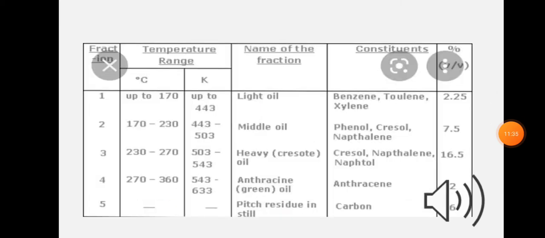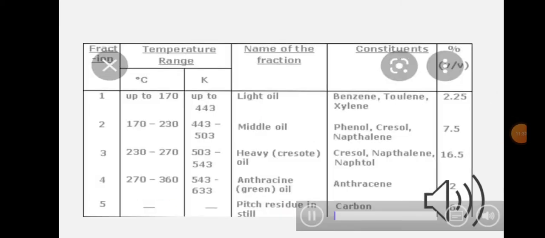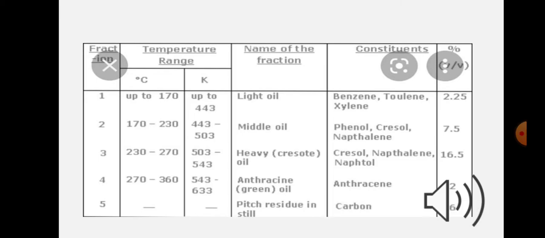In this, you can observe the temperature range and name of the fraction, whether it is a light oil or heavy oil or a middle oil, and what is the temperature range and what constituents it consists of, and how much percent it consists. That chart they have given here. The temperature range is up to 170 degrees Celsius, and in Kelvin up to 443.